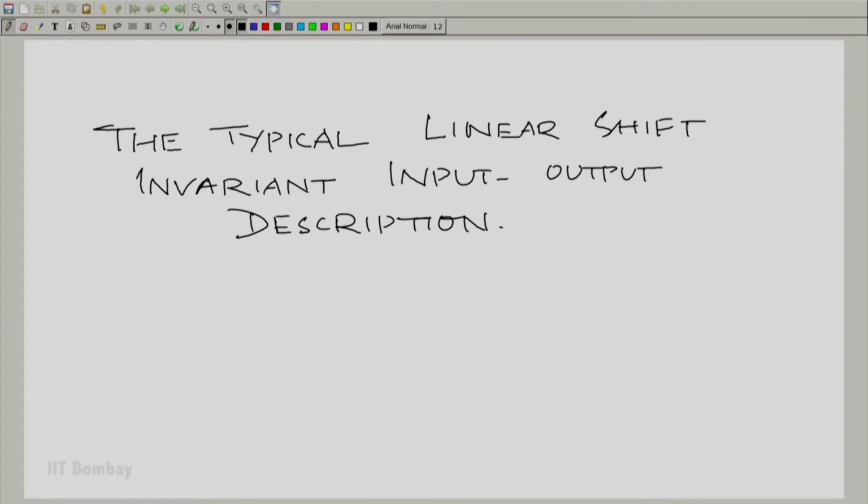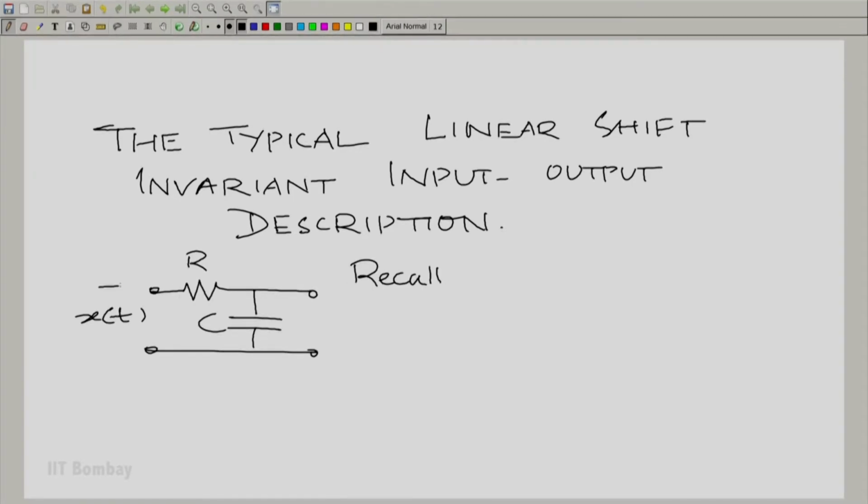Now, let us recall the example that we began with, the RC circuit. We had x(t) the input voltage and y(t) the output voltage here, and we said that y(t) plus the current multiplied by the resistance.